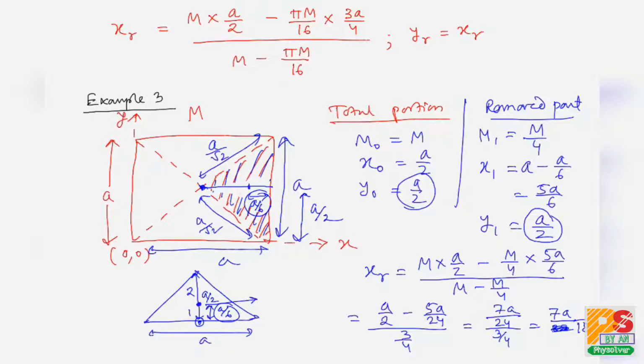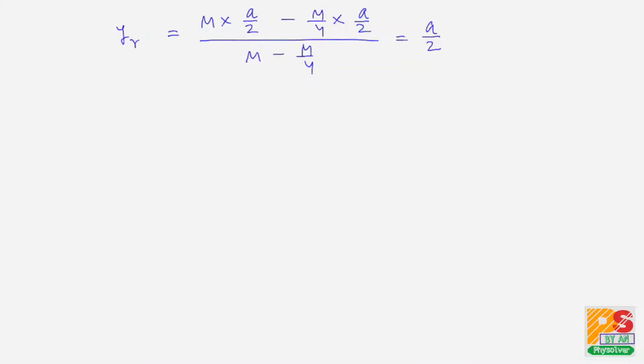Okay, now coming to example number 4. This is the first example where I will remove two portions from a disk. So let's draw it first.